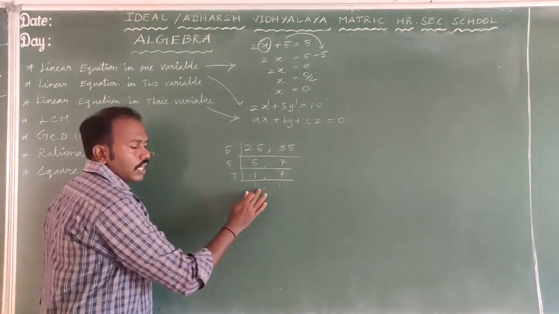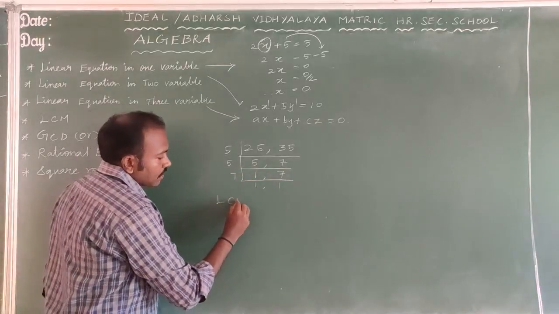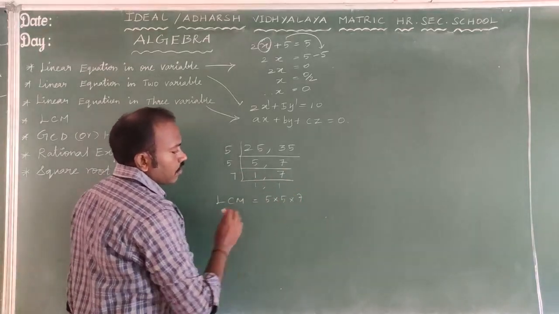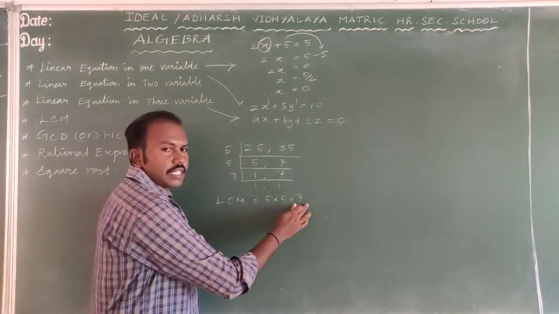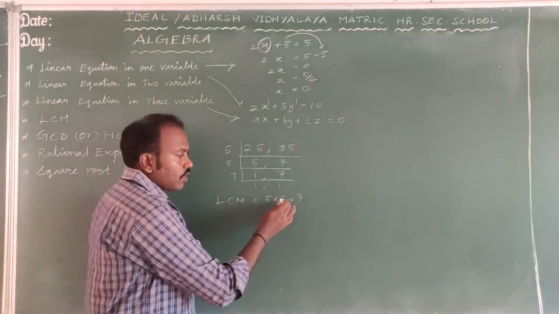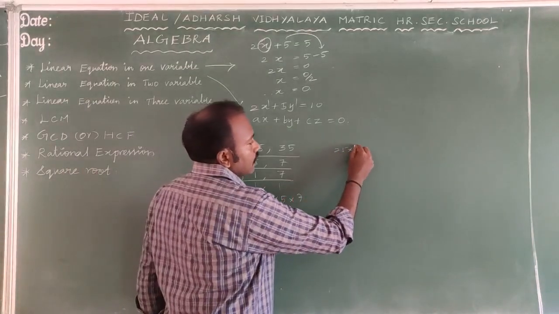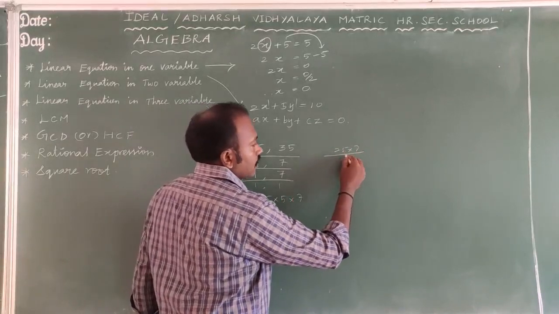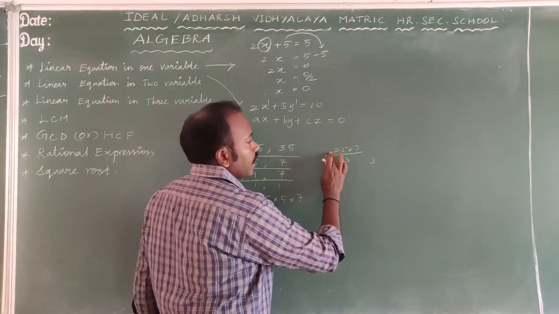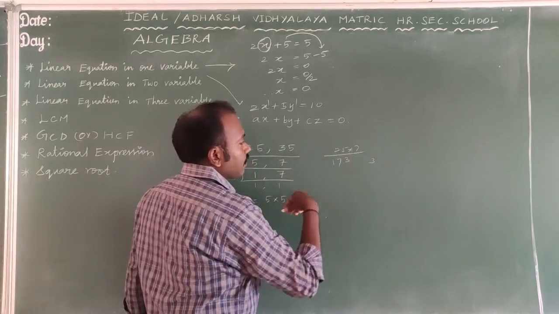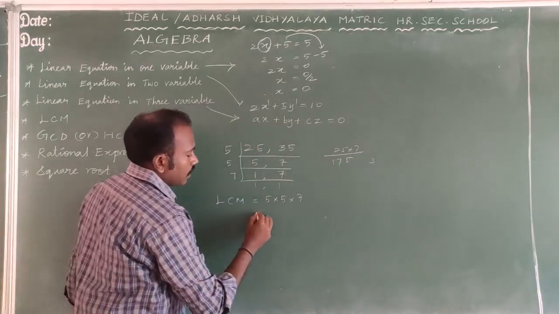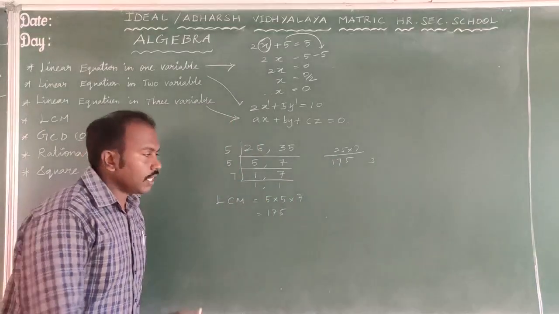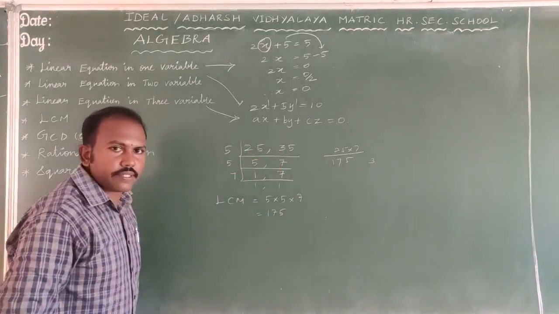So the LCM is 5 into 5 into 7. 5 fives are 25, 25 sevens are 175. That is equal to 175. LCM of 25 comma 35 is 175.